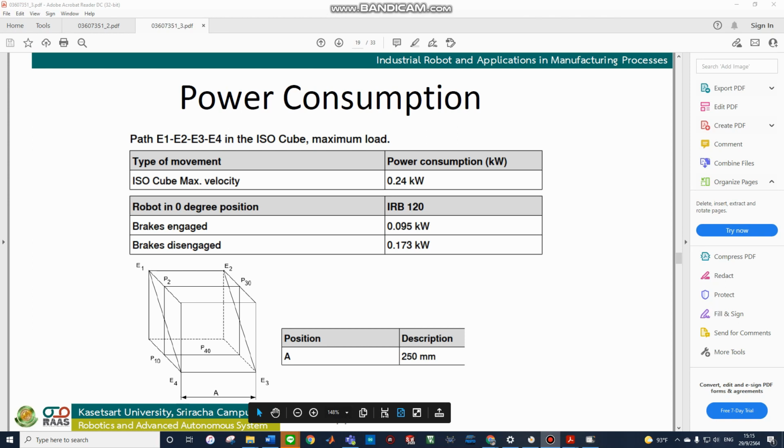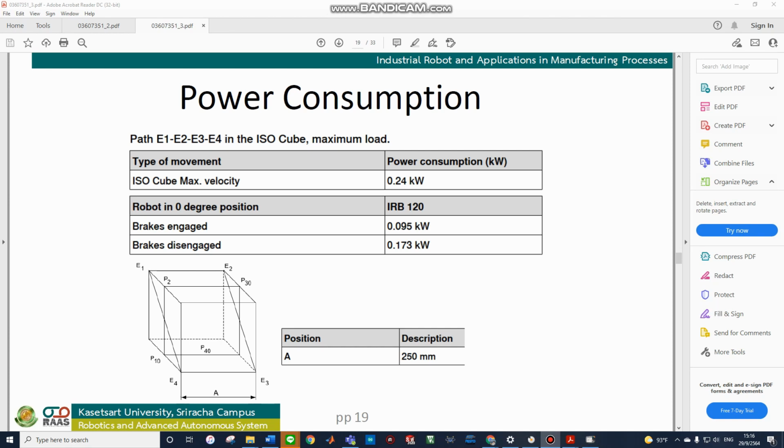The power consumption is ISO Q max velocity is 0.24 kilowatt.